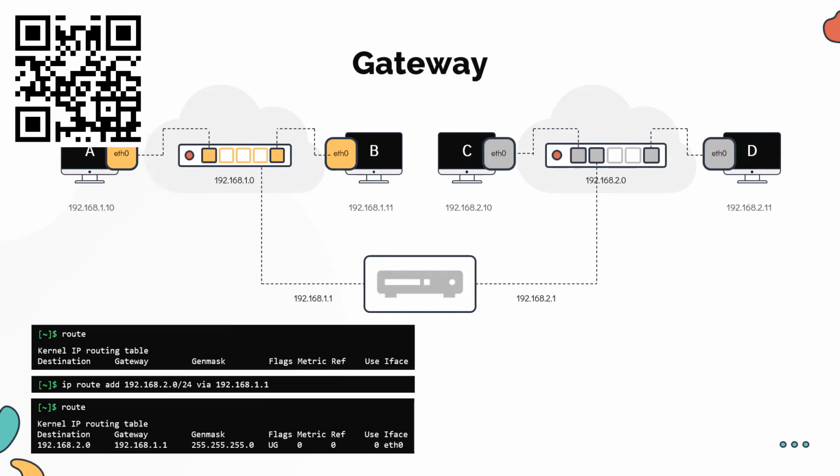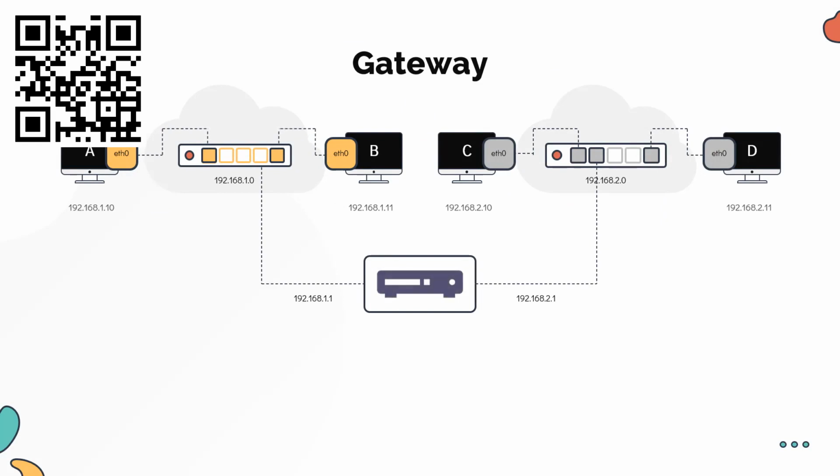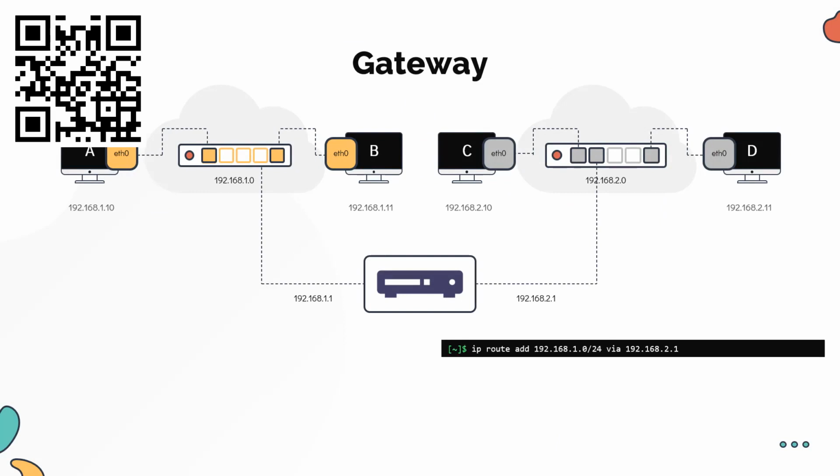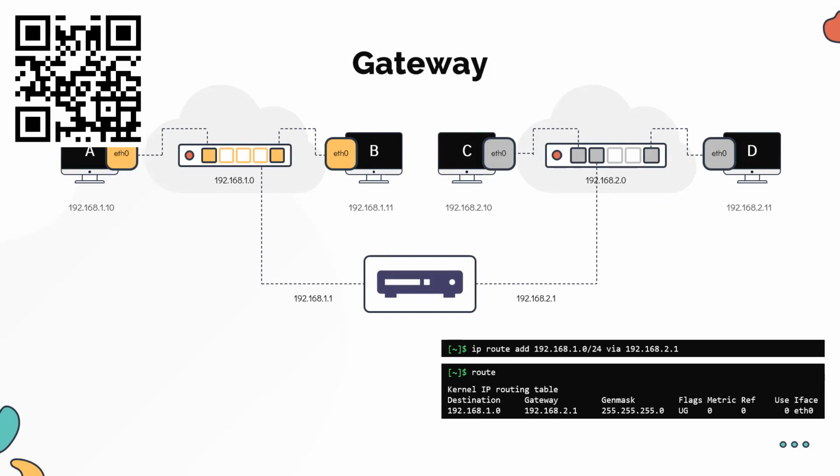Rerunning the route command shows that we have a route added to reach the 2.0 series network through the router. Now remember, this has to be configured on all systems. For example, if System C is to send a packet to System B, then you need to add a route on System C's routing table to access network 1.0 through the router configured with the IP address 2.1.